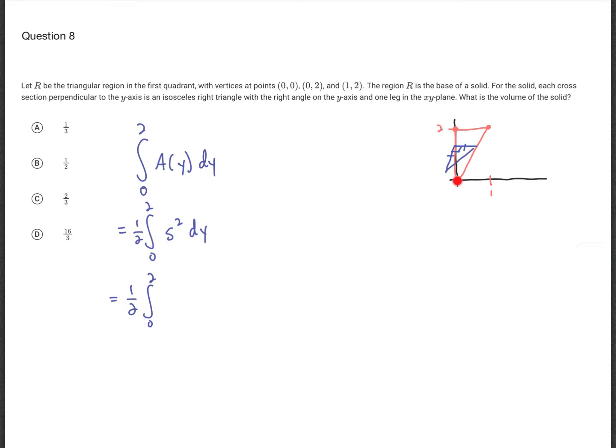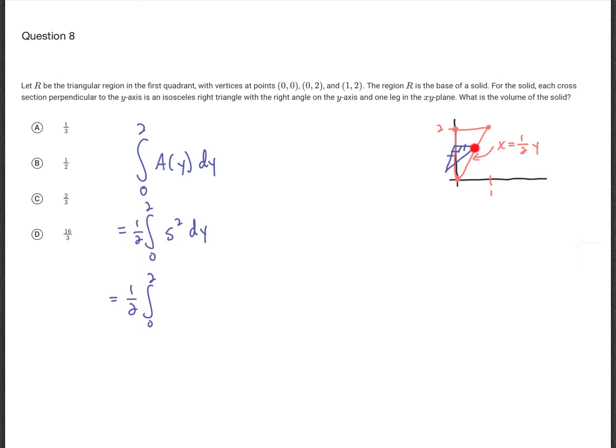We can see this passes through the origin, and the slope is 2 over 1, so this line is y equals 2x, which means this line here is x equals 1/2 y. That means the distance from this function to the y-axis will be 1/2 whatever the y value is.